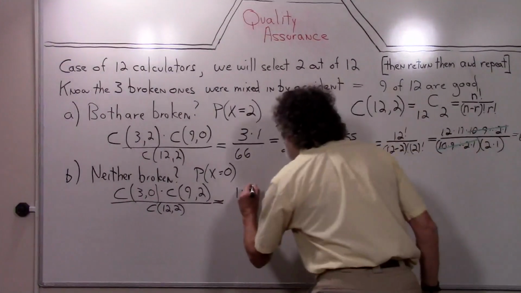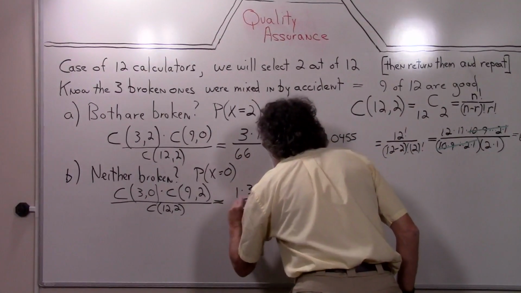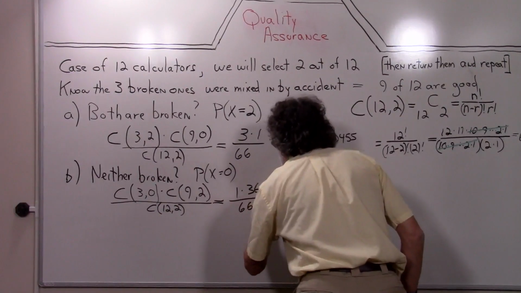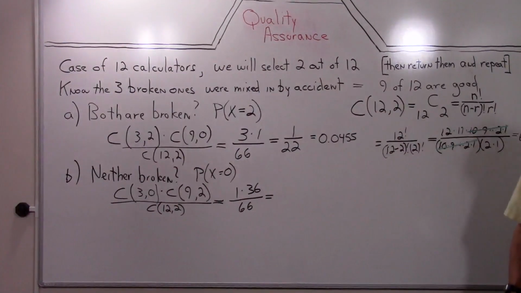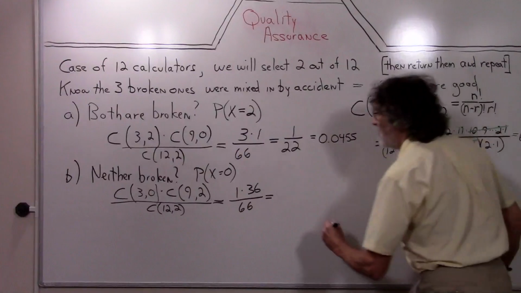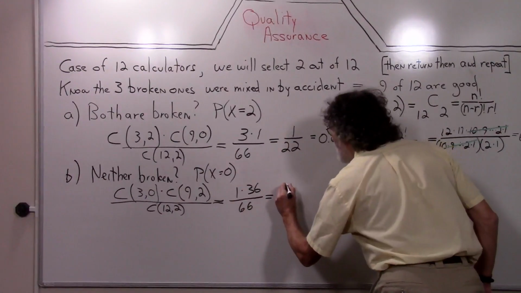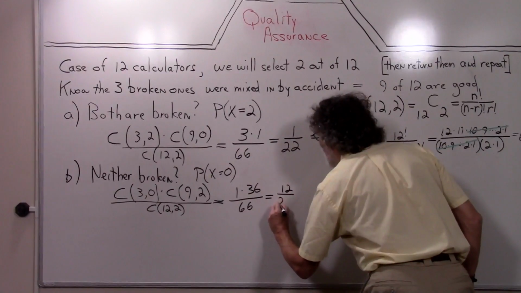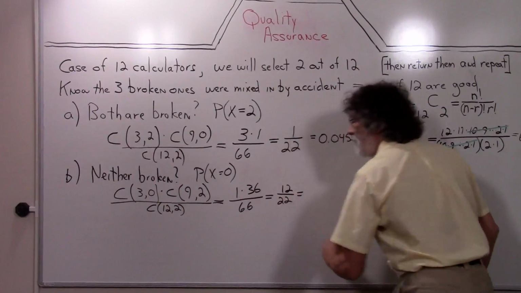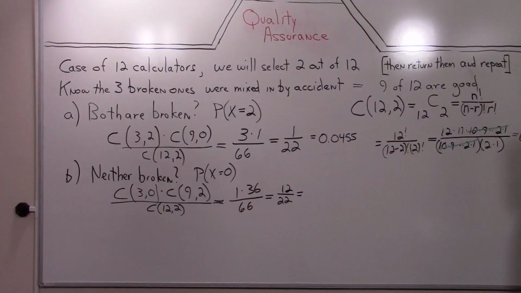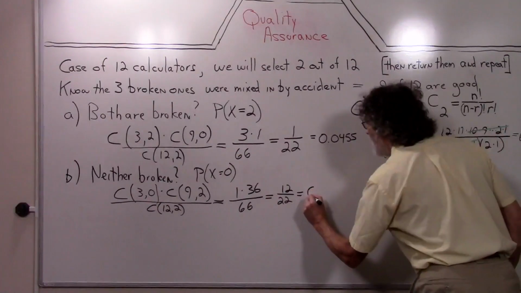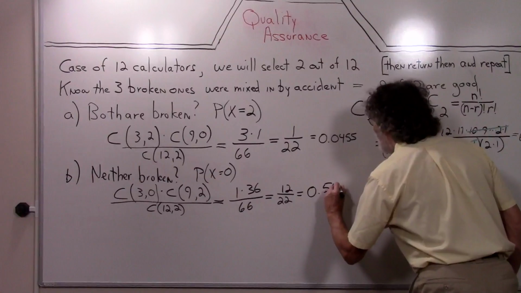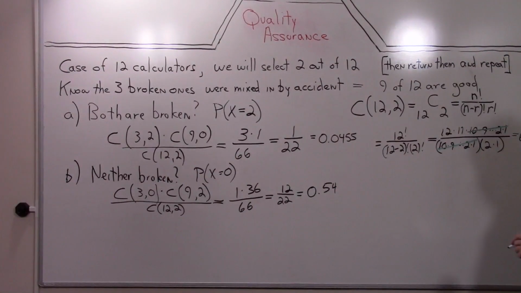In other words, 36 out of 66. Now, if we'd like to simplify that, divide that by 3, 12 over 22. Or if you're a decimal kind of person, a little over half, 0.5455.